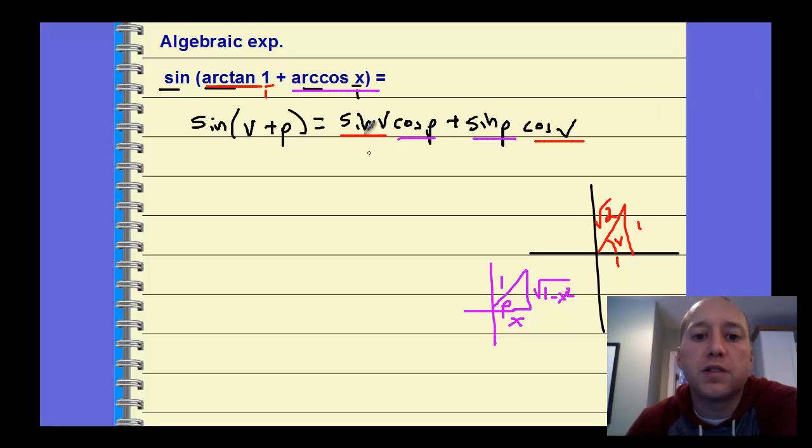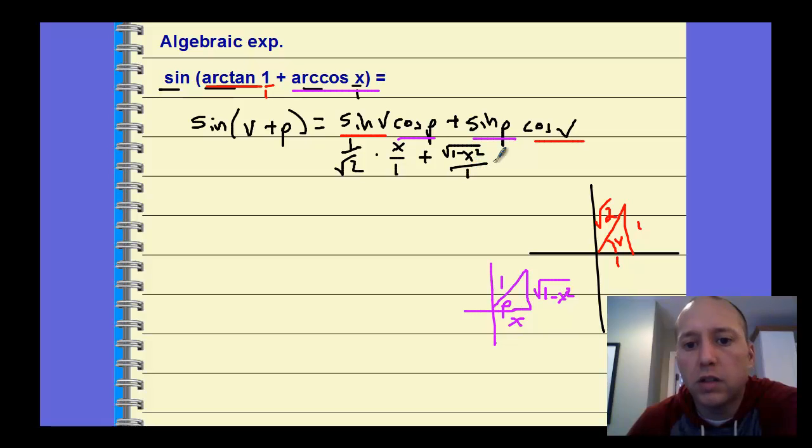So we can find these trig ratios from these triangles. The sine of v was the opposite over hypotenuse, which is 1 over root 2, times cosine p, cosine would be x over 1, plus sine p is going to be the square root of 1 minus x squared over 1 times cosine v, which is 1 over root 2.